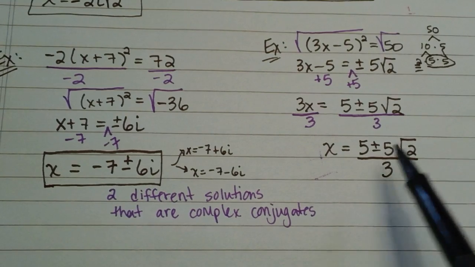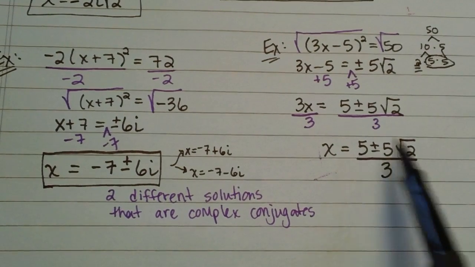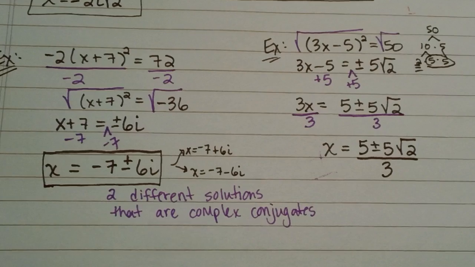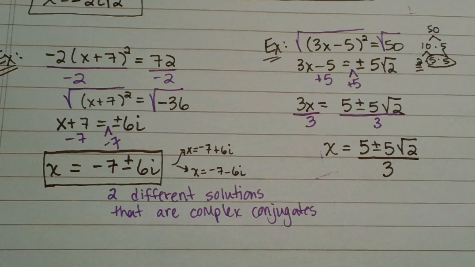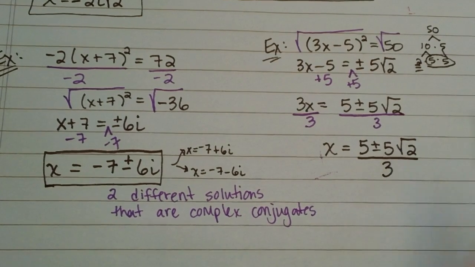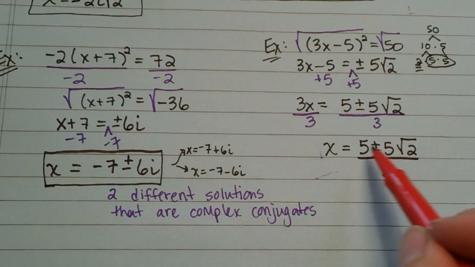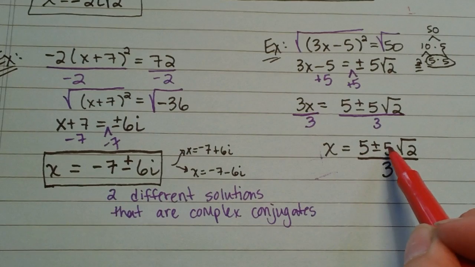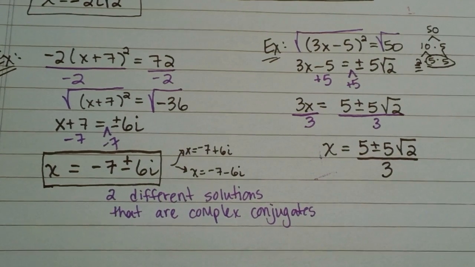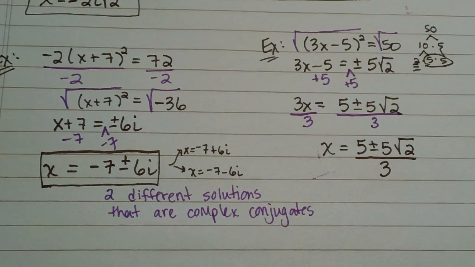But since I can't combine 5 and 5 square roots of 2 because they're not like terms, that's as simple as the numerator gets. I want you to notice though that I could simplify the coefficients, but only if all 3 coefficients, this 5 here, this 5 here, and this 3 here, could be simplified by a common factor.